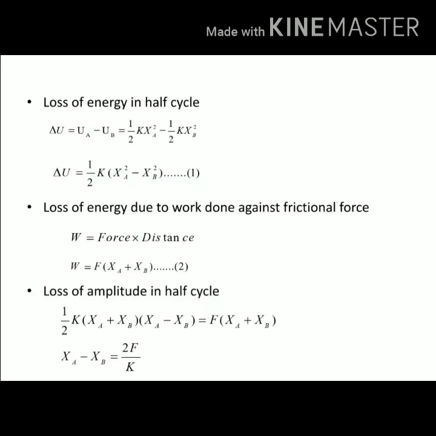So xa plus xb get cancelled. So we get xa minus xb is equal to 2F by k. So loss of amplitude in one cycle, we can write δ is equal to 4F by k.